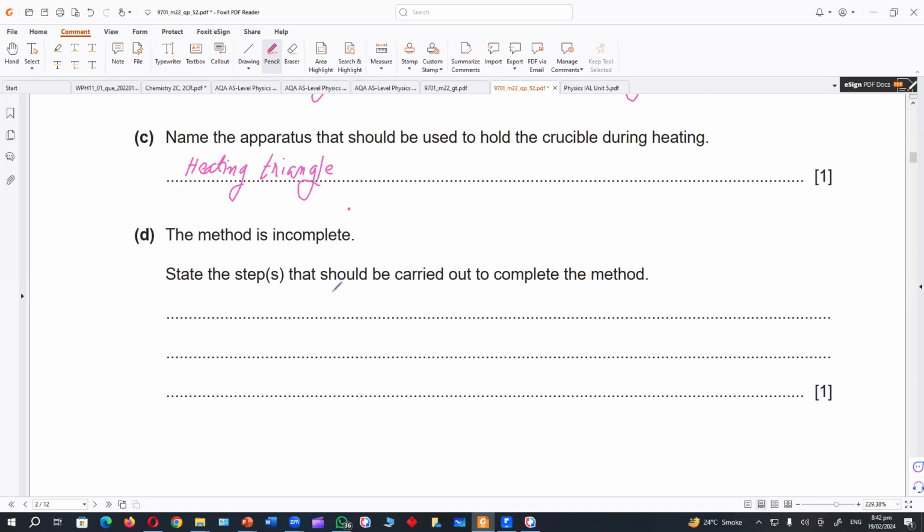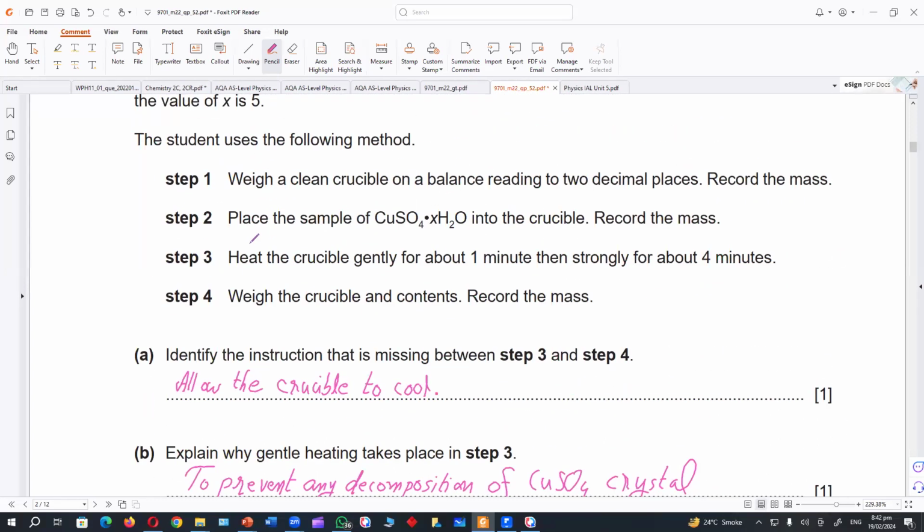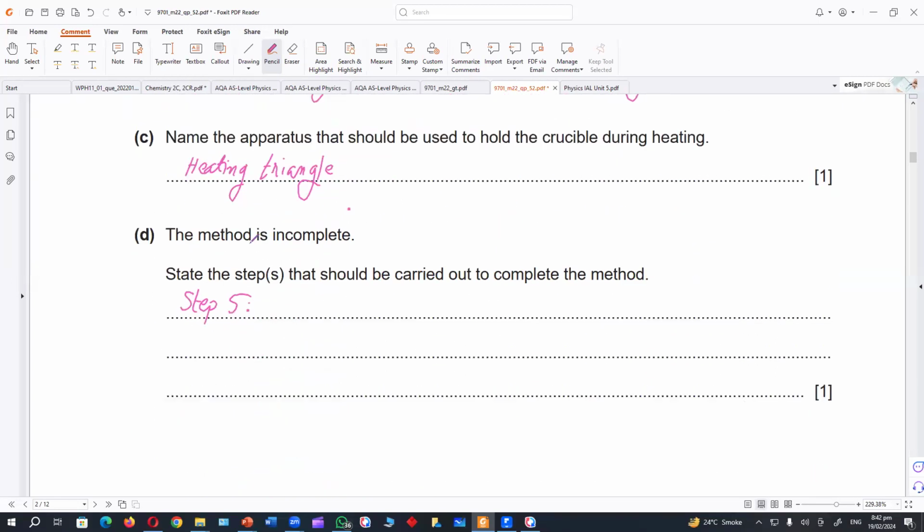So what should be the more steps? If I say step number 5, heat again a few times until mass is constant. Heat to constant mass.